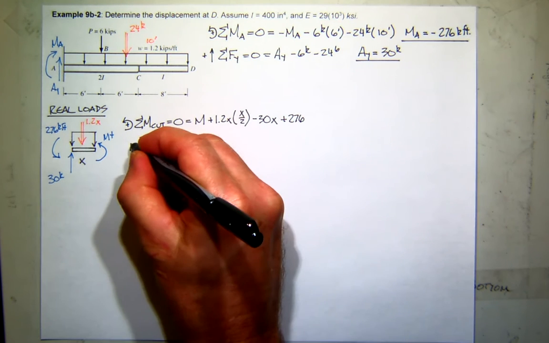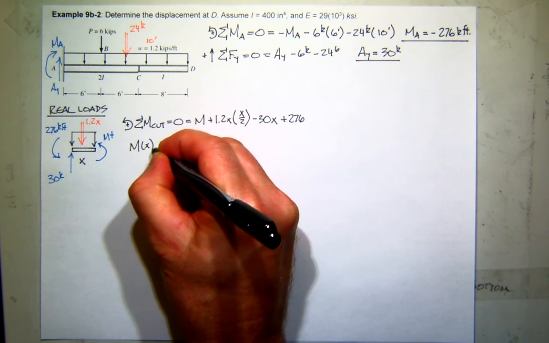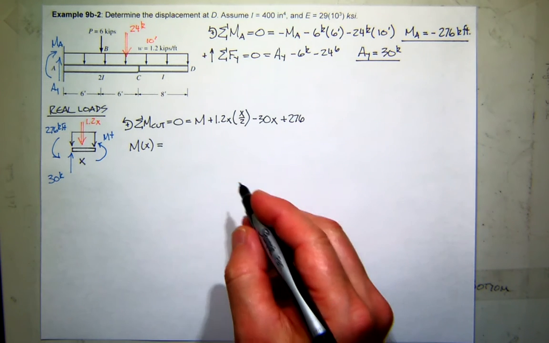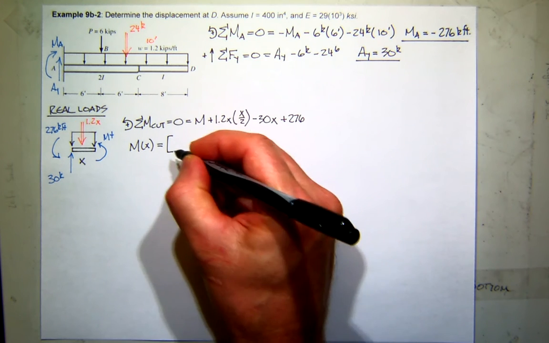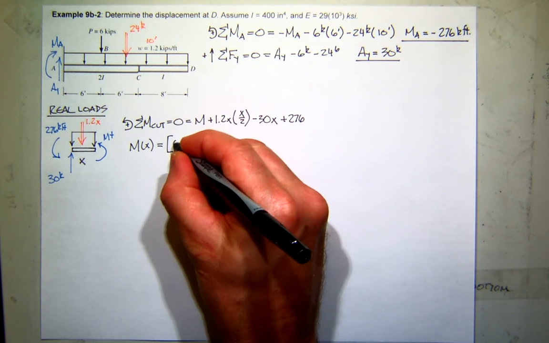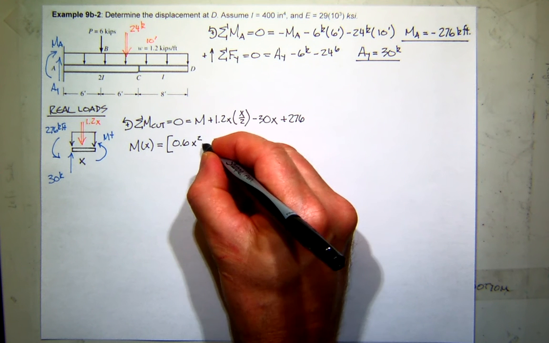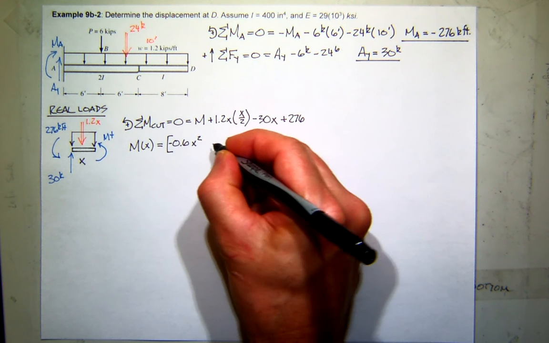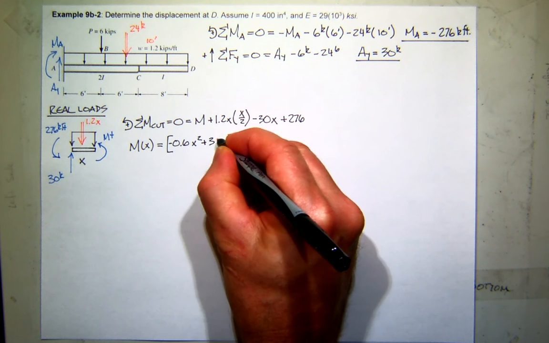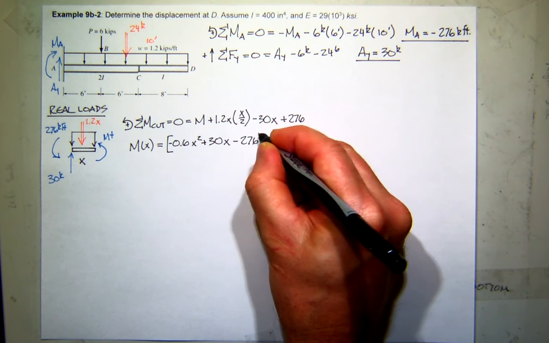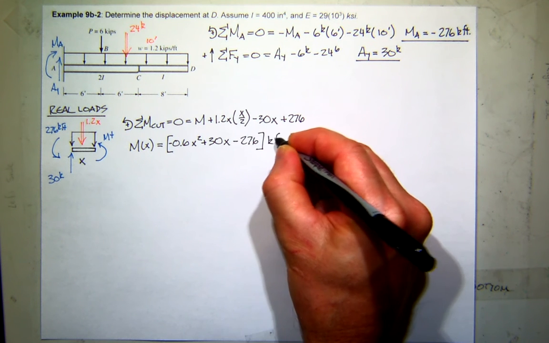So when I solve for the moment as a function of x, what do I get? Well, I get something that looks like this. I can tidy that up. That becomes negative 0.6x squared plus 30x minus 276, with units kip feet.